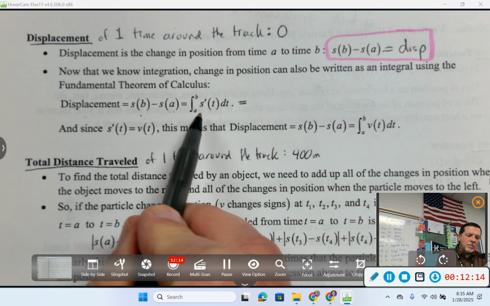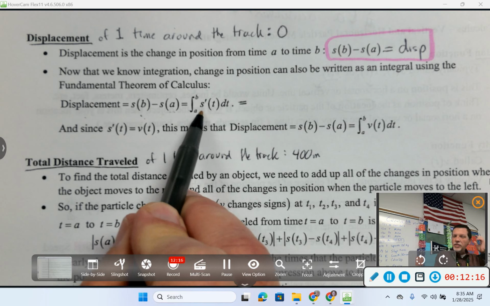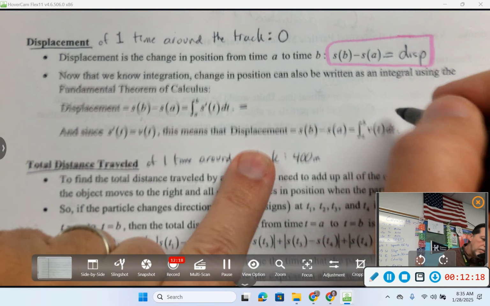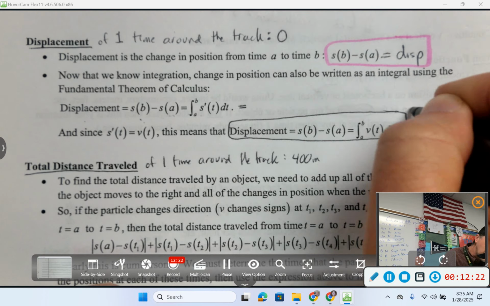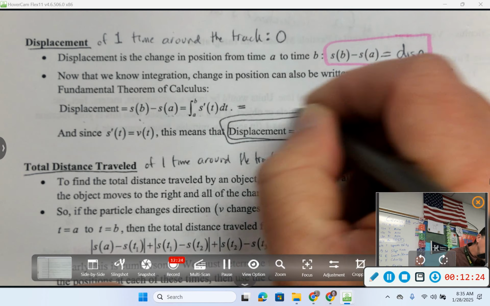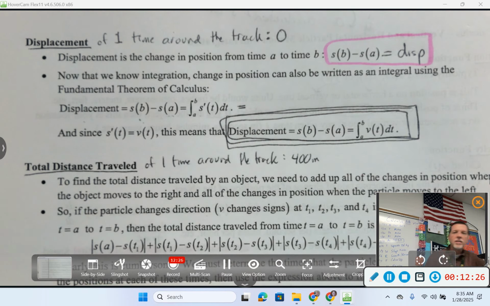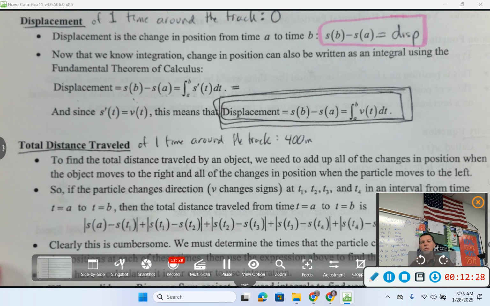But that's the same thing as the antiderivative of the derivative. But the derivative of S is V. So here's one of our new formulas. I'm not sure how new it is, but it uses old variables, old techniques, but a new application. So displacement is the antiderivative of velocity.